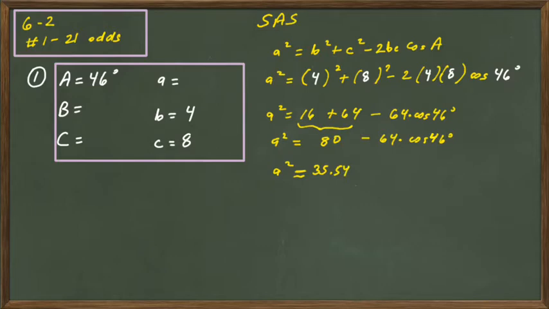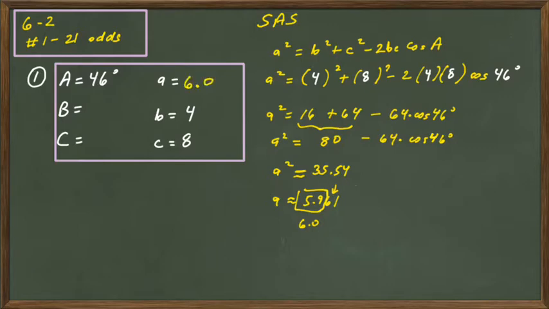To get rid of the square, I'm going to have to take the square root of that previous answer and get 5.961. If I round that to the nearest tenth, do I use 5.9 or 6.0? Because sides are to the tenth, I would think 6.0.